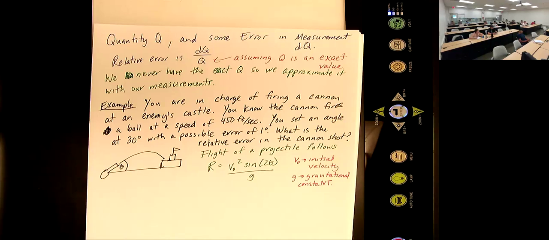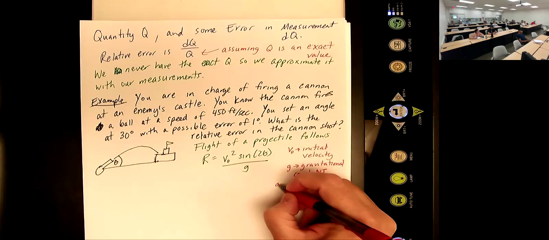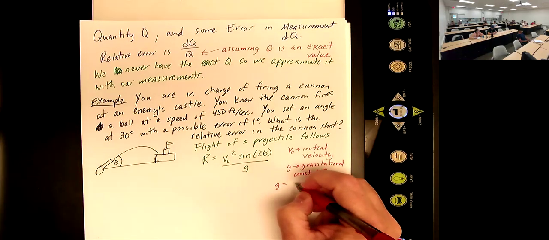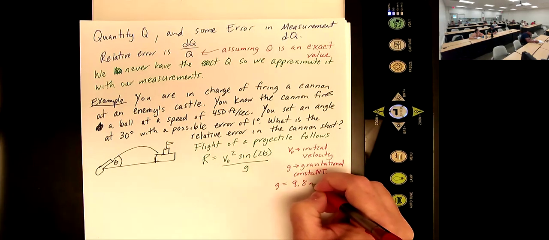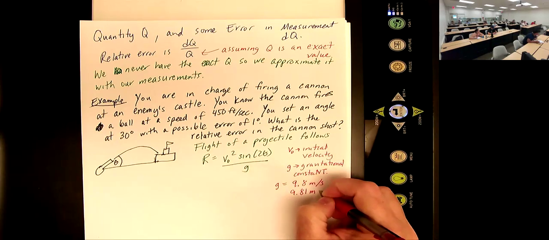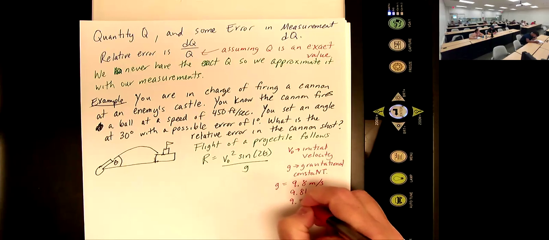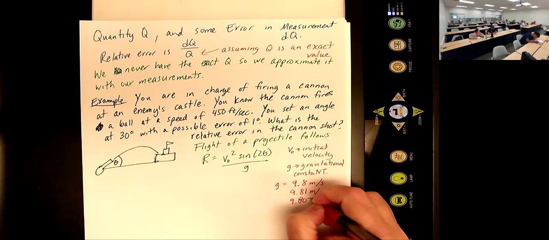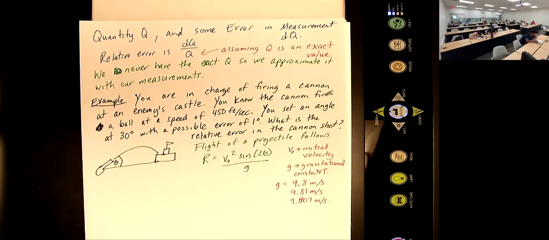So one version of g, and usually we can take it down. If we go to 1 decimal place, it's 9.8 meters per second squared. Oftentimes you'll do 9.81. Or if you go 3 decimal places, 9.807 meters per second squared. But my cannon's firing in feet per second, so we don't want the metric system.